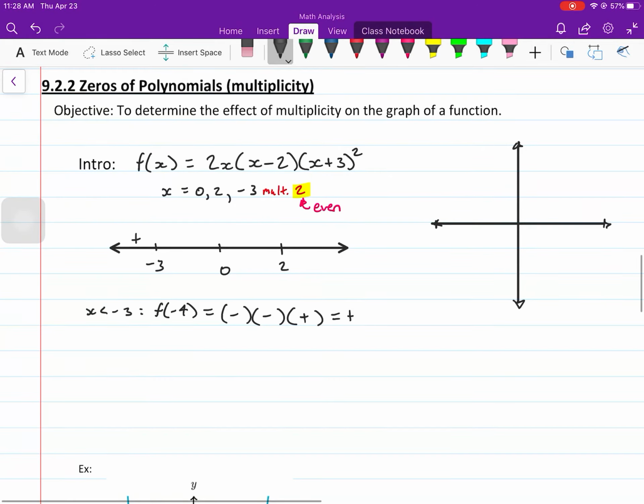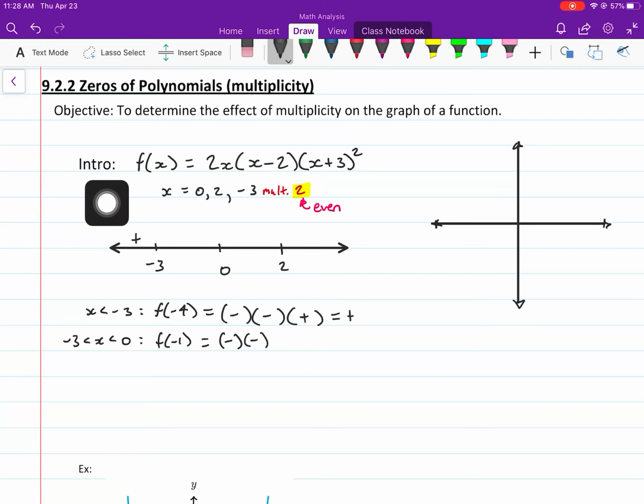So it's positive on that interval. Now between negative 3 and 0, let's try negative 1. Plugging in negative 1, that's going to be negative, then negative again, and negative 1 plus 3, well, it doesn't matter because it's being squared, so it's positive. So that's going to be positive again.